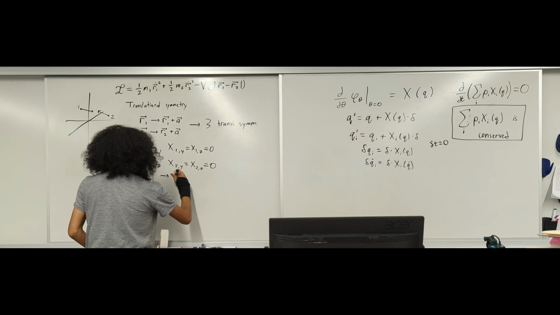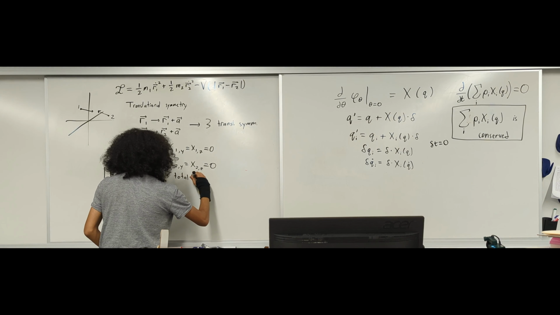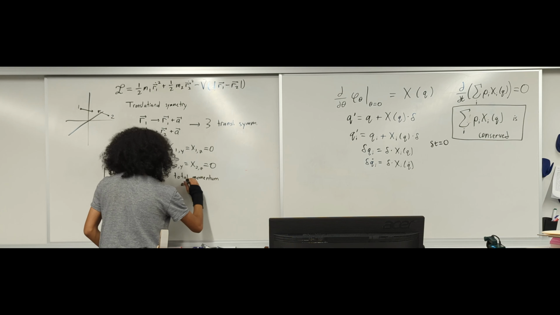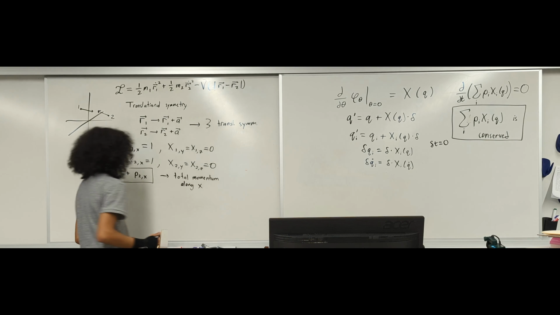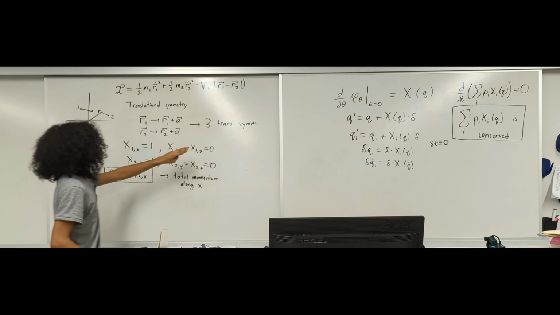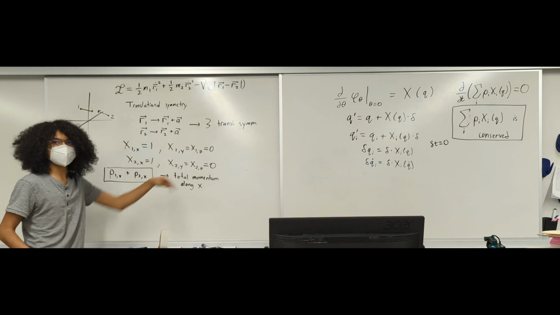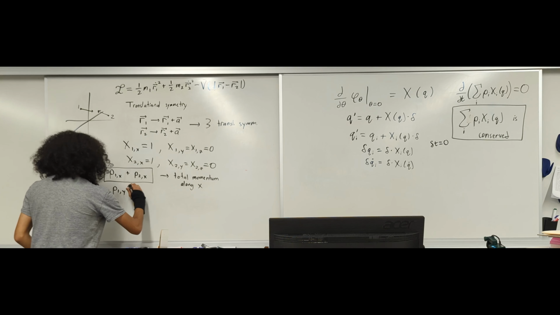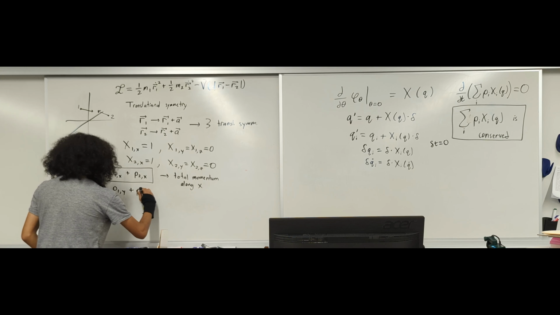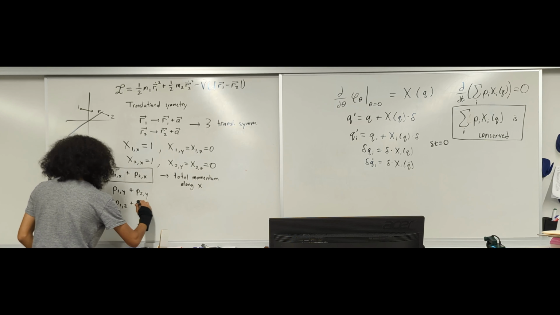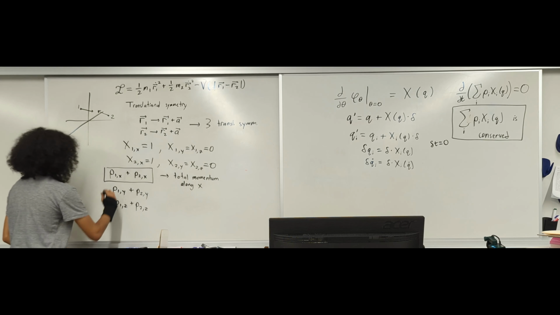And this is just the total momentum in the x direction. But we have these other translational symmetries for the y and z directions. And what they tell us is that the y component of the total momentum is conserved, and the z component of the total momentum is conserved.